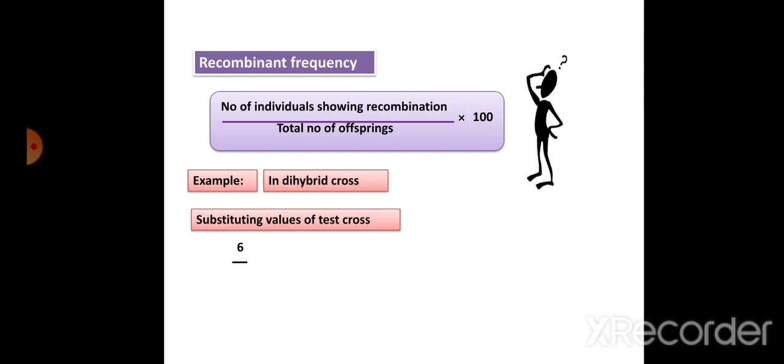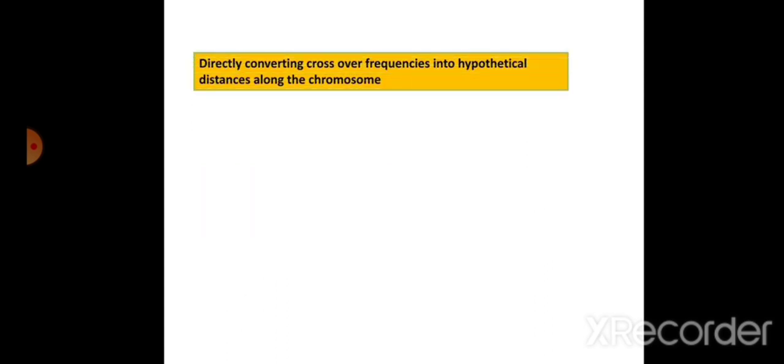Usually when we do the cross, we'll get a 1:1:1:1 ratio. If we take in terms of numbers, 2 will be recombinants, correct? But let's imagine here that 6 are showing recombination amongst 16. Total number of offspring produced are 16, into 100, if we do, then we will get a value 37.4. So that 37.4 will become a map unit.